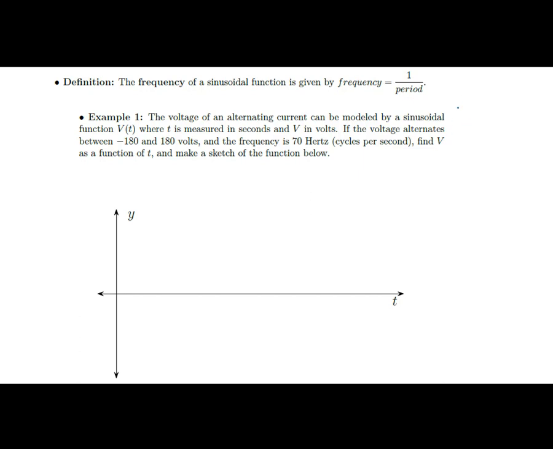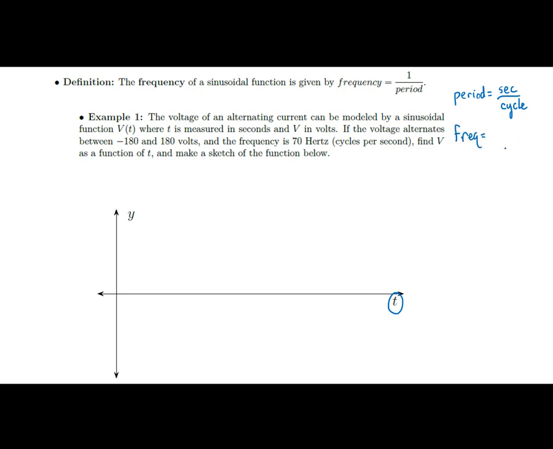So just over on the side here to help us understand this, period, if we're thinking of our x-axis here as time, which we are, we could interpret this as the amount of time it takes to complete one cycle. Okay, so let's use seconds here. We would say this is seconds that it takes to get through one cycle. So the frequency is just the reciprocal of that.